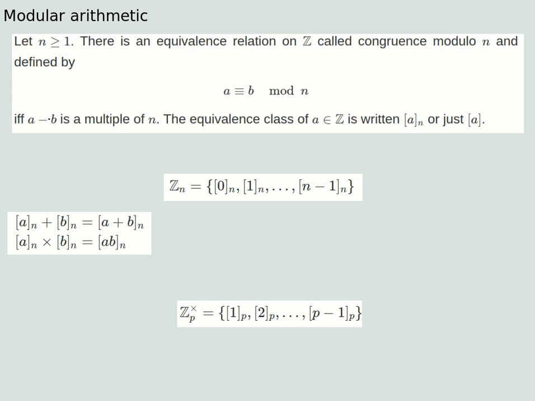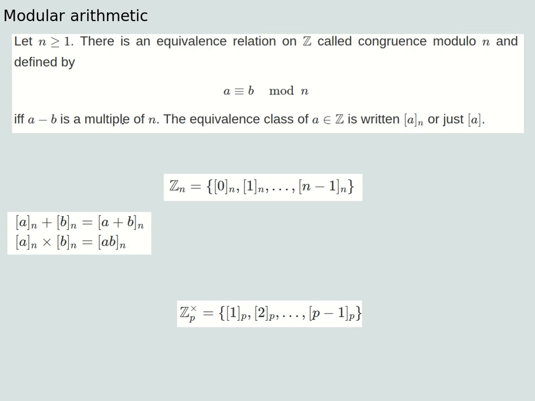We introduced for each positive whole number n an equivalence relation on the integers called congruence modulo n. And the way you defined this relation was that two integers a and b were related, in which case we wrote a ≡ b mod n, if and only if the difference between a and b was a multiple of n. So in other words, the number a minus b was divisible by n.